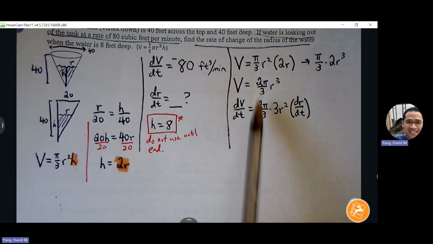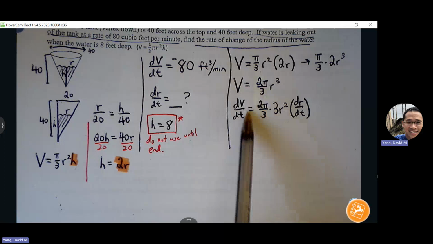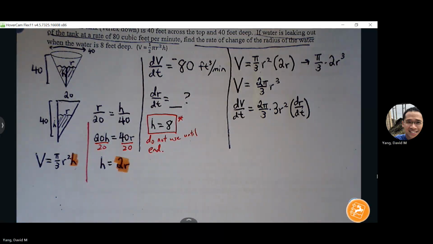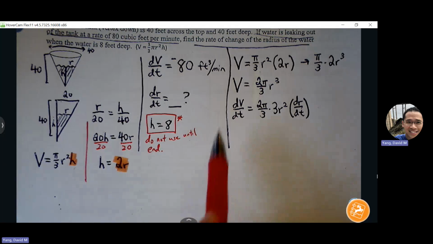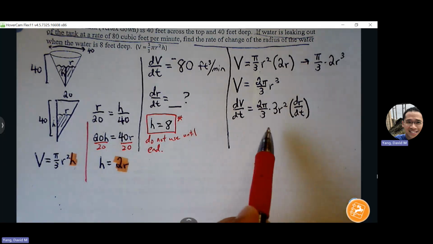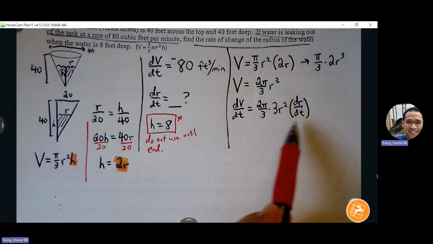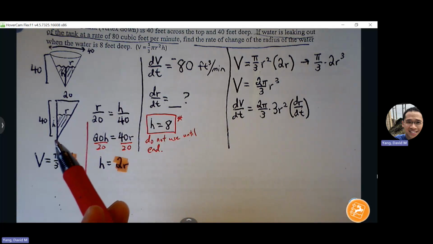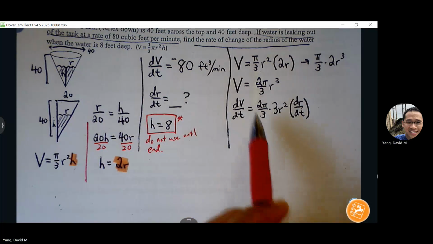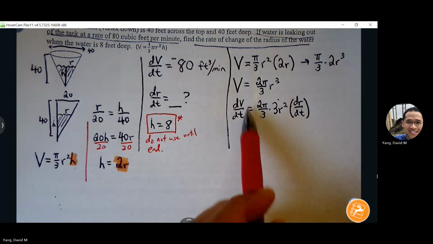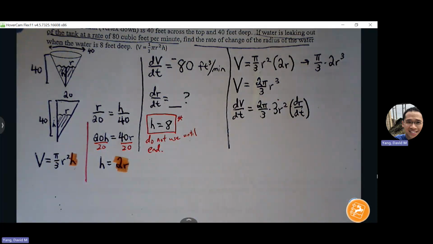So any questions about the one calculus step in this problem? Okay, what can we do to maybe further clean this up before we plug stuff in? In terms of this equation, is there anything we can do to make it a little cleaner to look at? How about this side, just this right here? You see anything that we can clean up?